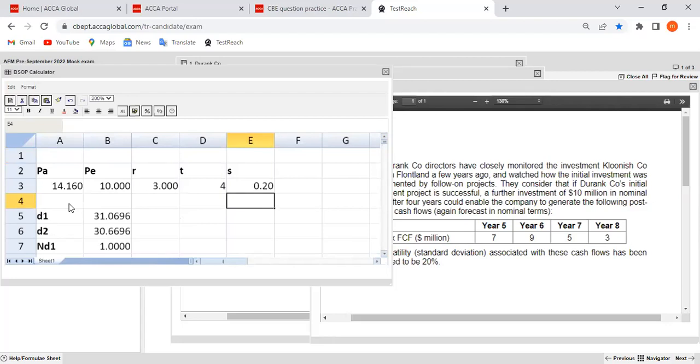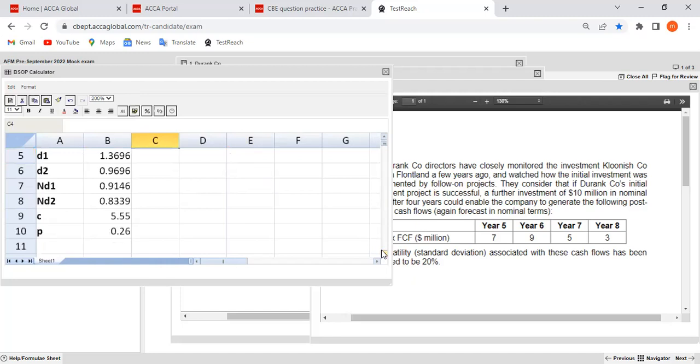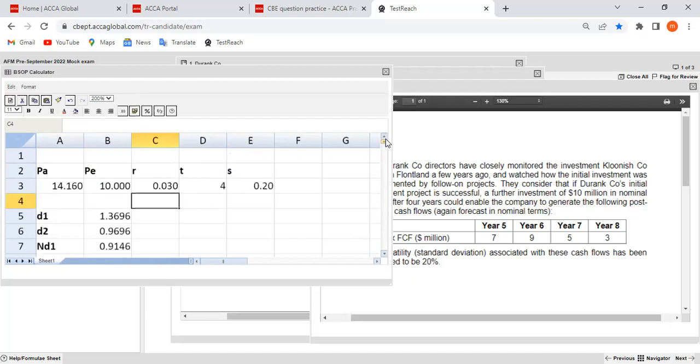The risk-free rate is 0.03. Now see what the values are coming. The call option value is coming as 5.55 and the put option value is coming as 0.26. If you have to apply this formula correctly, you have to convert the percentages to decimals for the risk-free rate and the standard deviation.